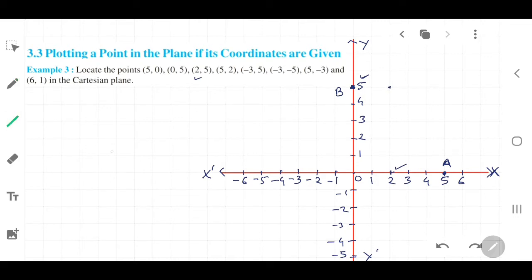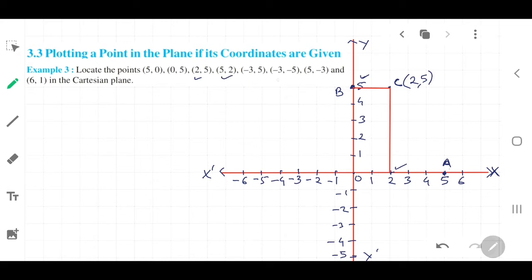So we can also write in this way. Just join it. Correct? And you name it C. Understood? So C is for what? X is 2 and y is 5. Just you can write in bracket in this way.